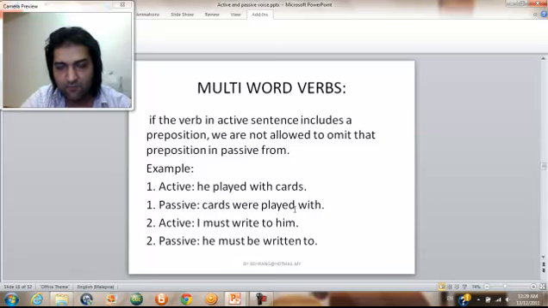They should be close to each other. So when we go, he played with cards, in the passive form we have to go, cards were played with. Played with, not separated. I must write to him becomes he must be written to. Write to, written to.